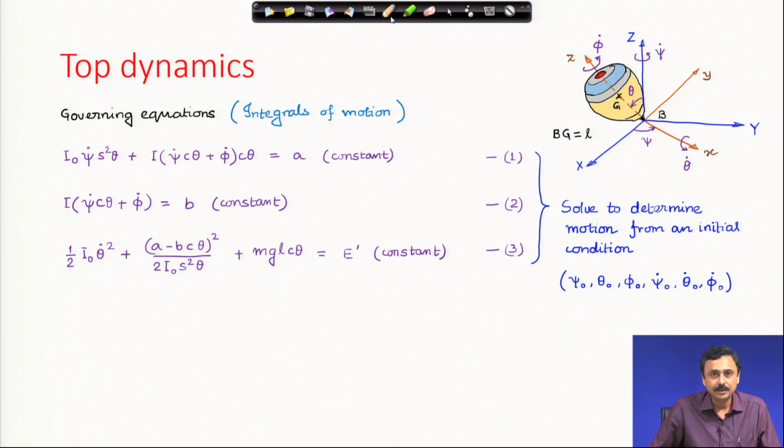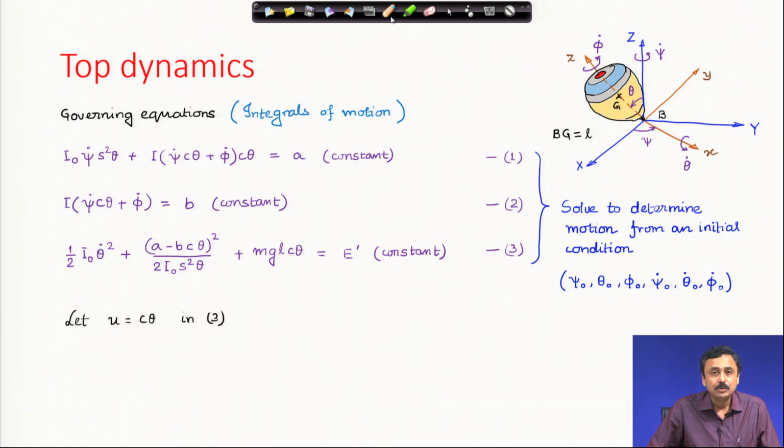These 3 equations involve psi dot, phi dot and theta dot, and these therefore suffice to solve for the system. You have to start from some initial condition and you can numerically integrate these equations to determine the motion starting from these initial conditions.